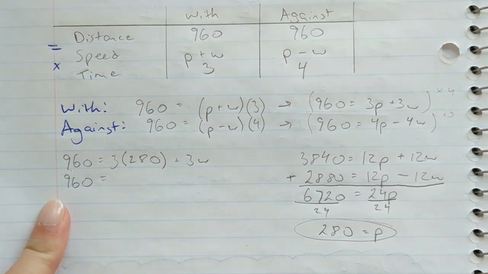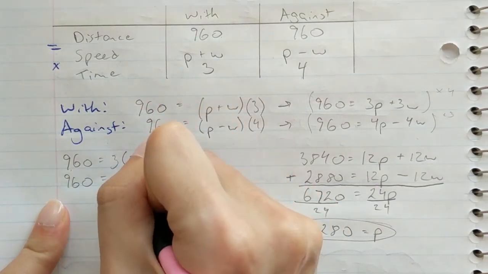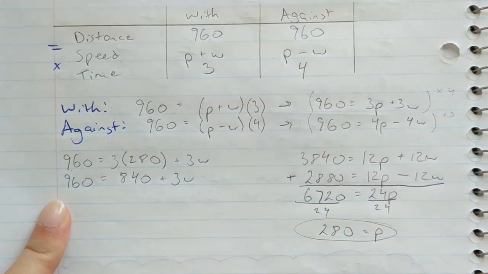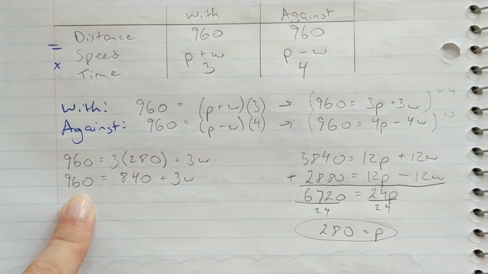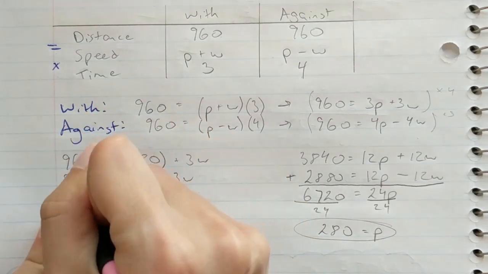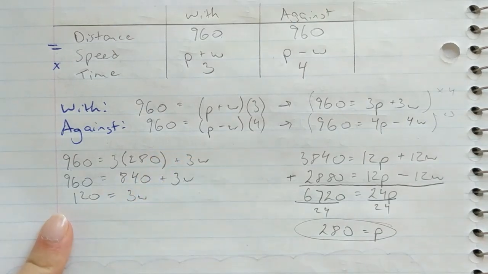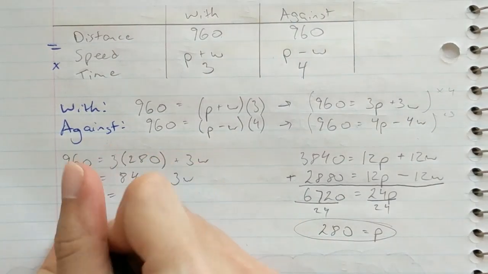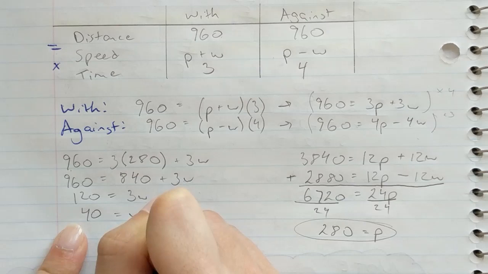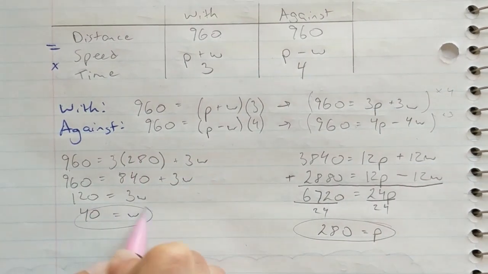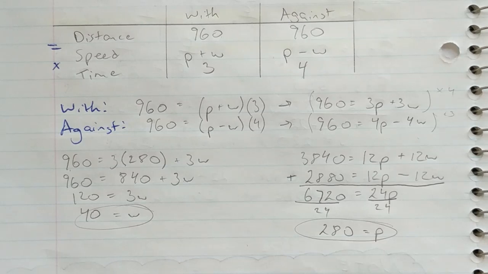So then 960 is equal to 840 plus 3W. I then subtract 840 from both sides. That gives me 120 is equal to 3W. And when I divide both sides by 3, I get that 40 is equal to W. Remember, W is the wind speed.